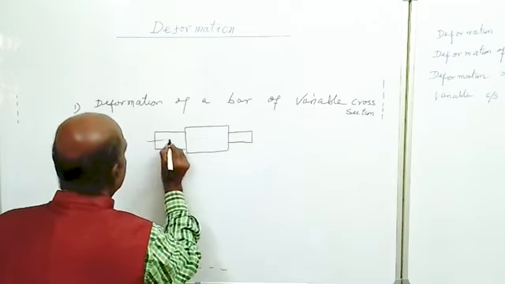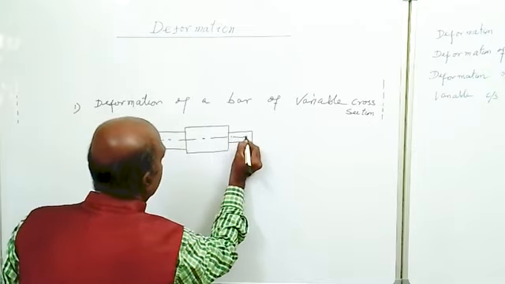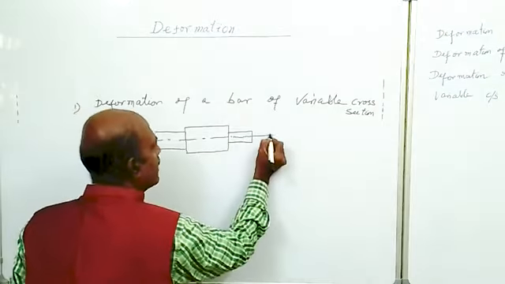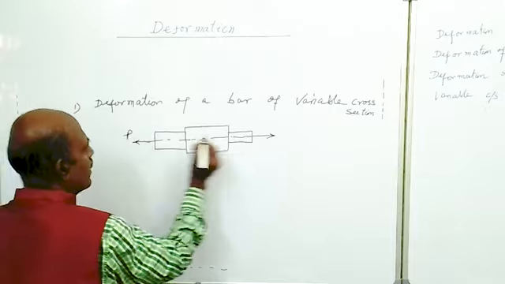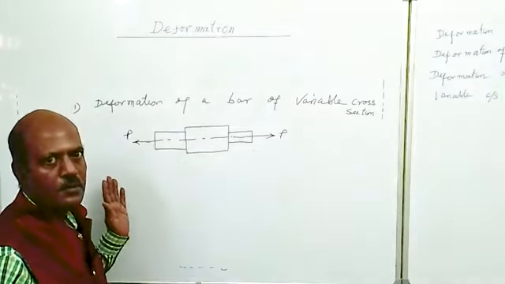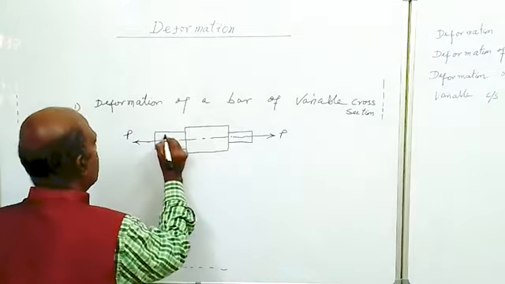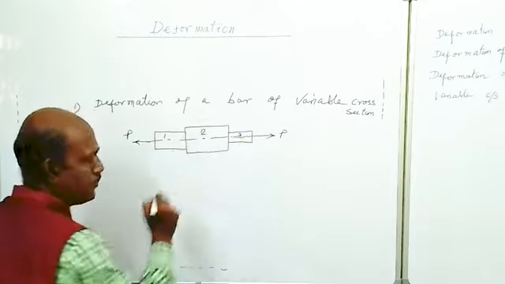Say this is the axis of the bar, and it has three sections, and a tensile load P is applied over the bar. P is the tensile load applied over the bar, and the bar is of variable cross section. It has three sections, so we are marking here section 1, section 2 and section 3.